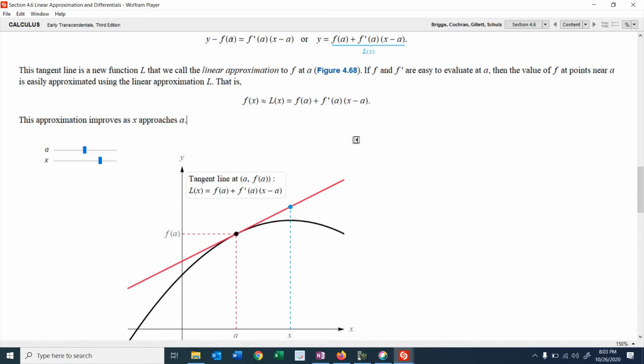It's equal to this. And if you solve for y, you would just add f of A to the other side, and we get this.